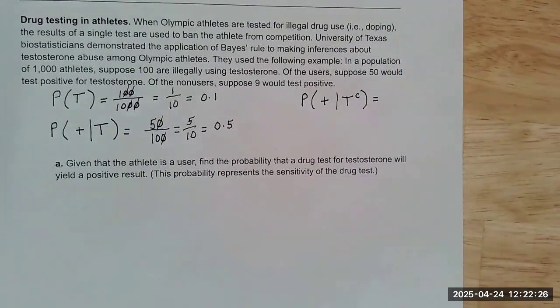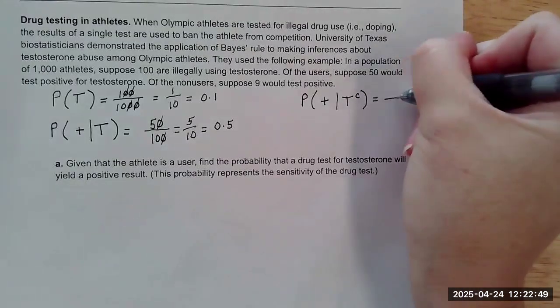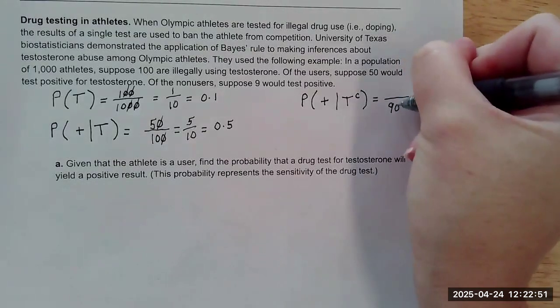What's my denominator for this one? So how many athletes were there total? 1,000. How many were using? So 900 should be our denominator, right? Good. 900 is our denominator.